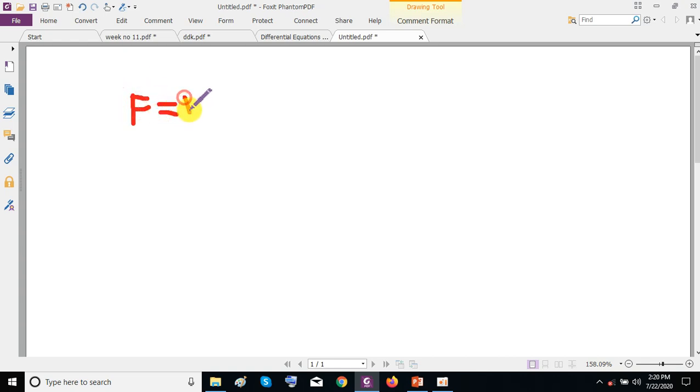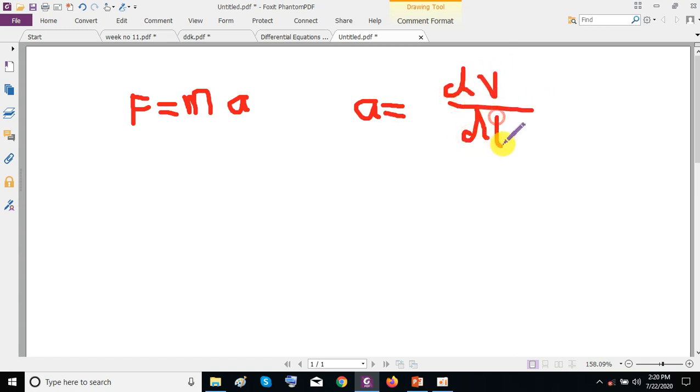In the simplest form. But acceleration is basically the rate of change in velocity with respect to time, so it will be equal to dv/dt, and further the velocity is defined as the rate of change in displacement, and in this case the displacement is x, and x is a function of t, because this displacement depends on time.